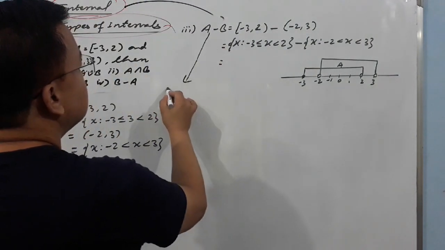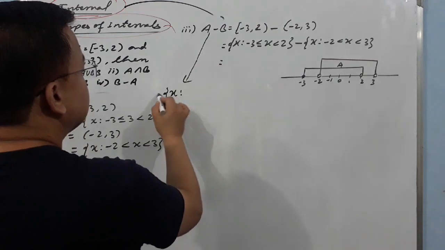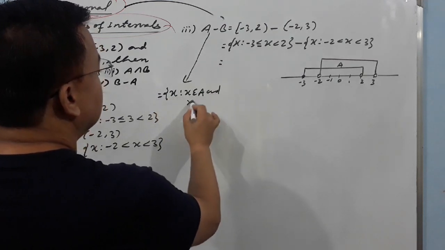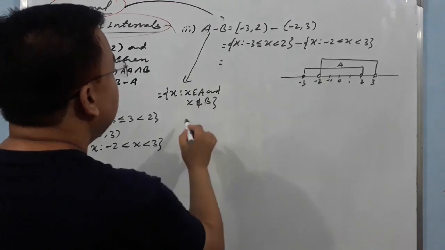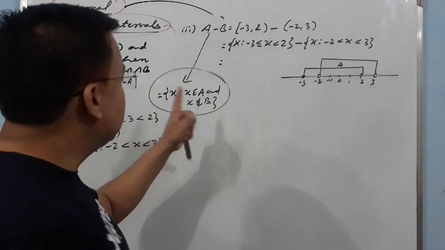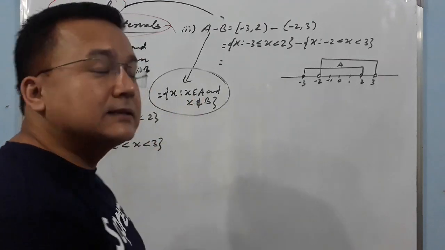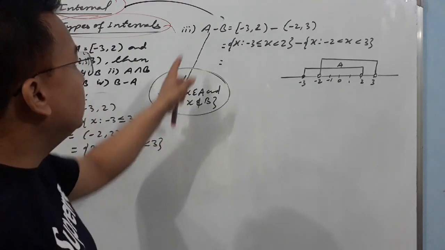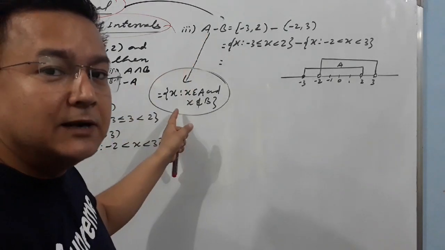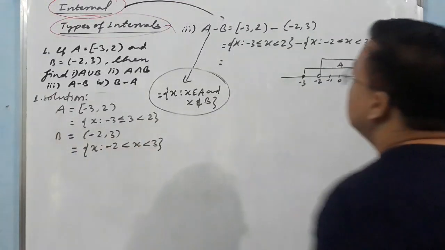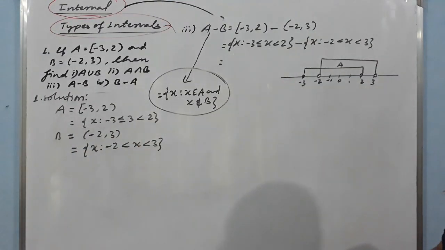Let's see the definition. What is your A minus B? x such that x belongs to A and x does not belong to B. This is the definition of A minus B in set builder form. Now using this definition we have to write down what will come, right?